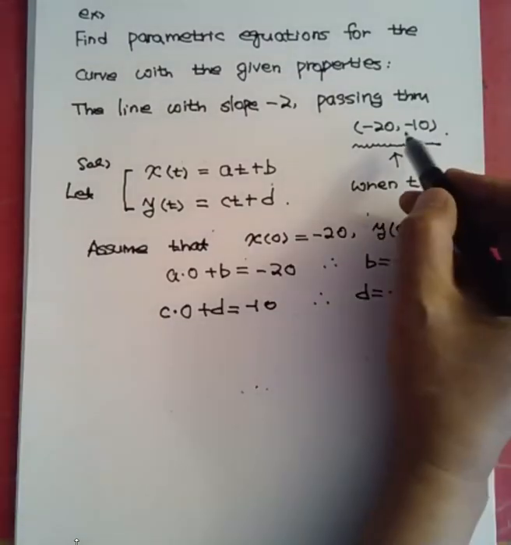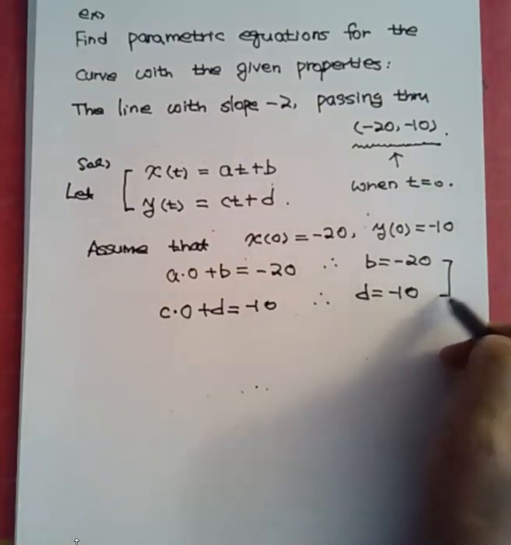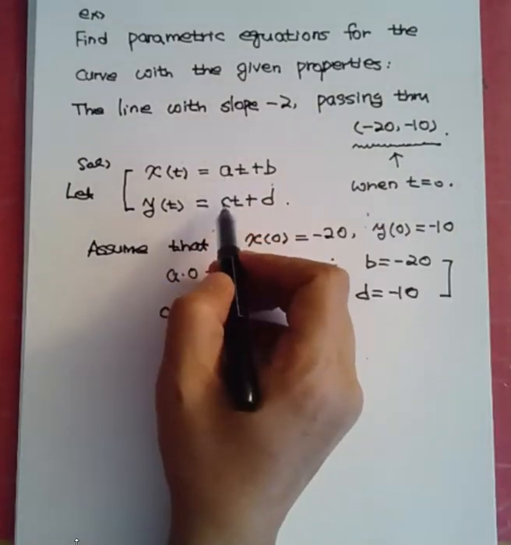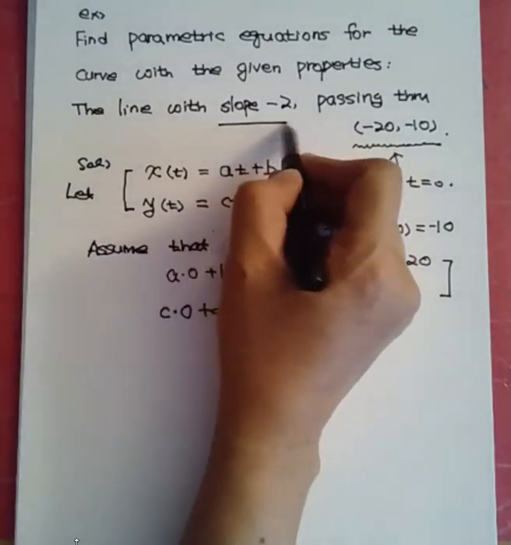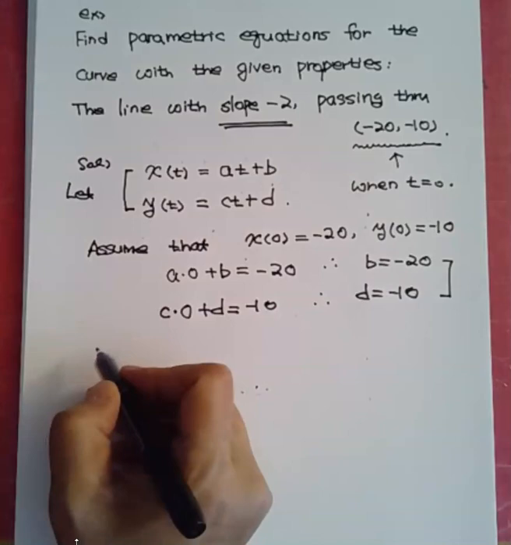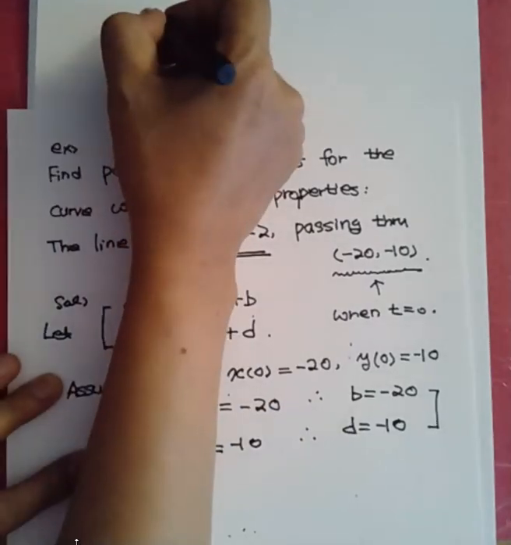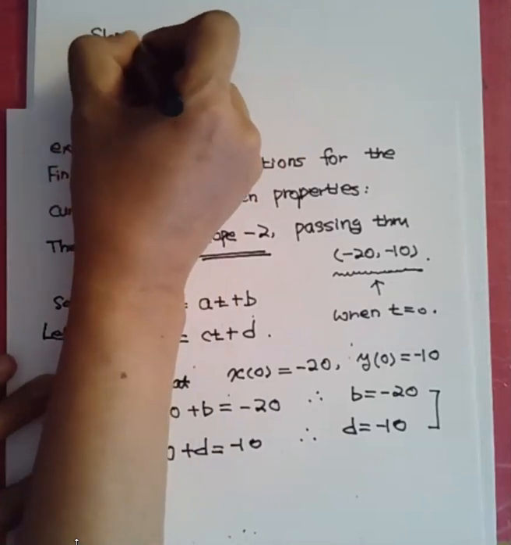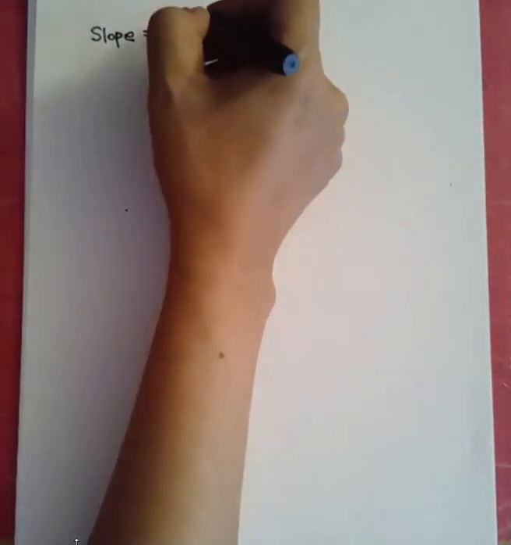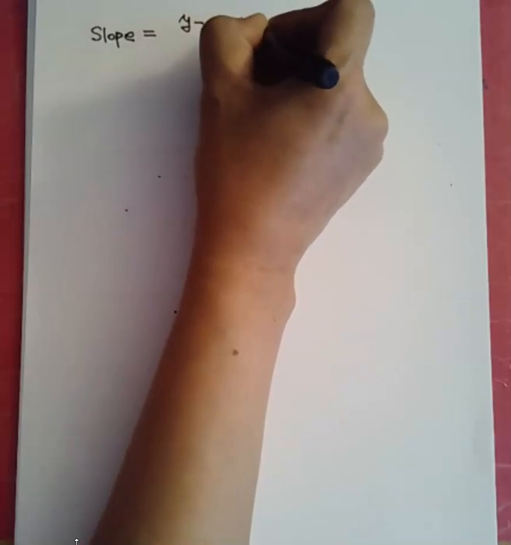We used this condition to figure out b and d. We have to figure out a and c. To do that, we will use the condition about the slope. Slope is defined as y change over x change.